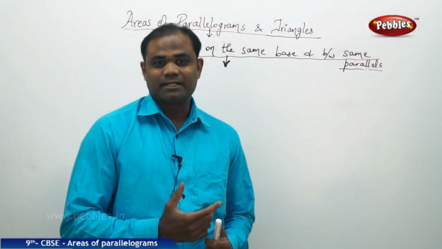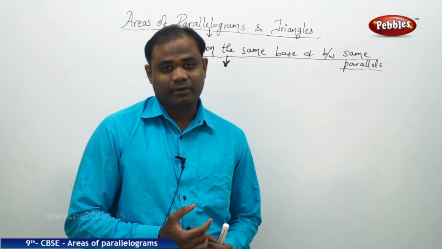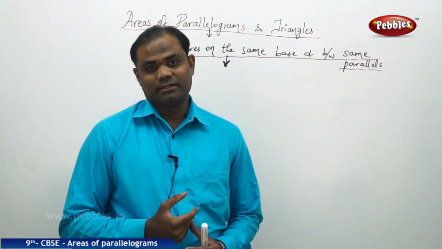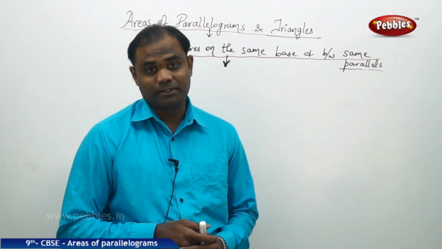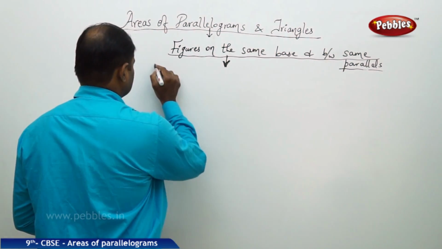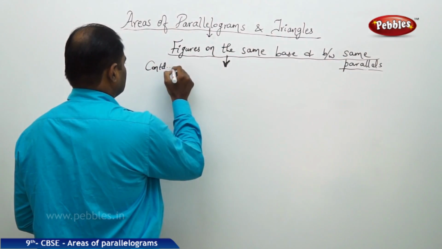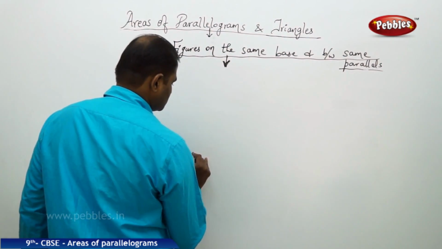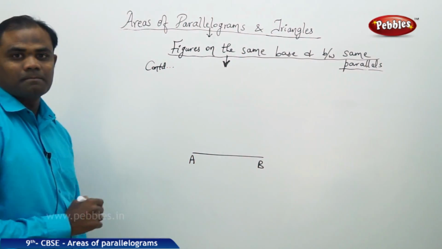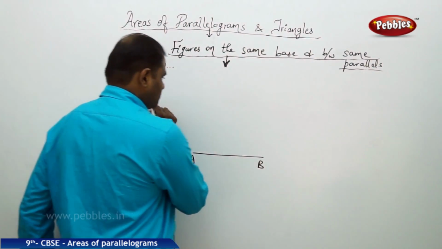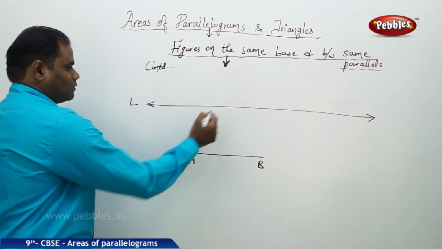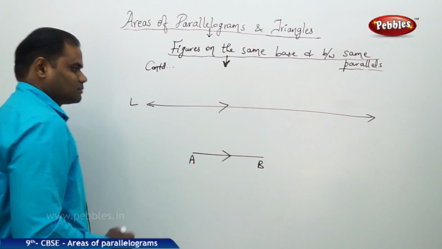Now let's take an example case where the two figures are not between same parallels, to understand the concept better. For example, I take the same base AB and I take a parallel line L which is parallel to this.